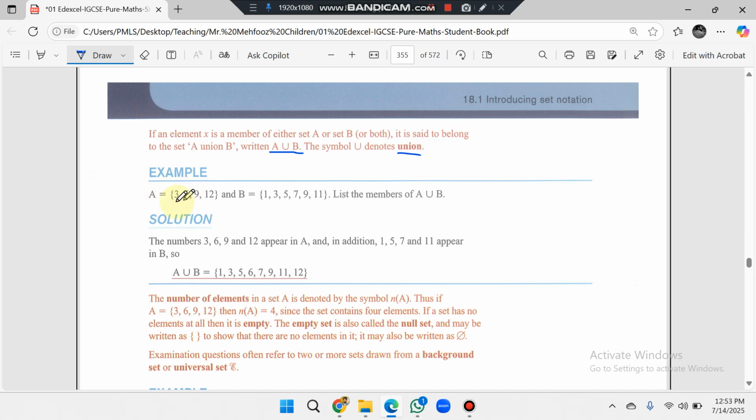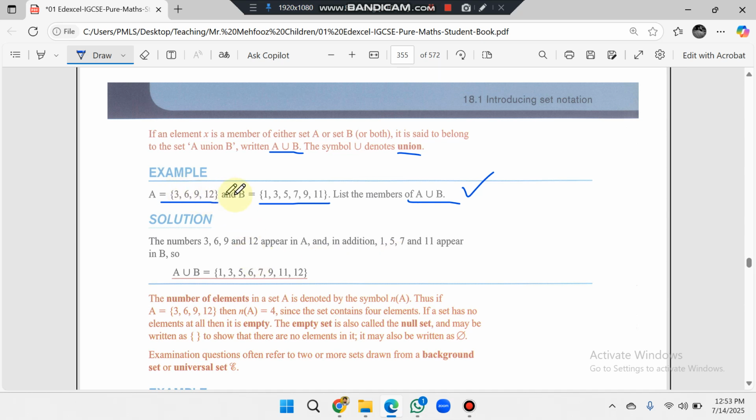For example, the same sets are given: A is 3, 6, 9, 12. B is 1, 3, 5, 7, 9, 11. So we have to find the list of the elements of A union B. A union B includes all elements of these two sets, but the repeated element is written just one time, because if we repeat an element in a set, it is no longer a set, because a set does not have any repetition.